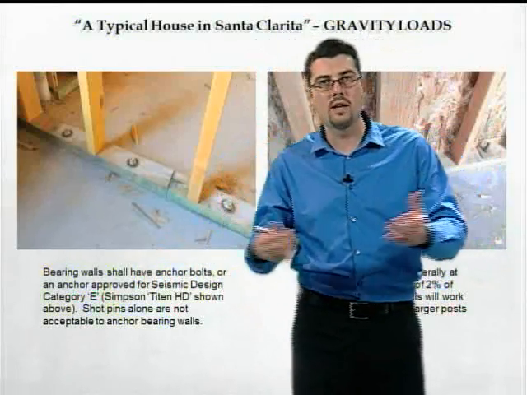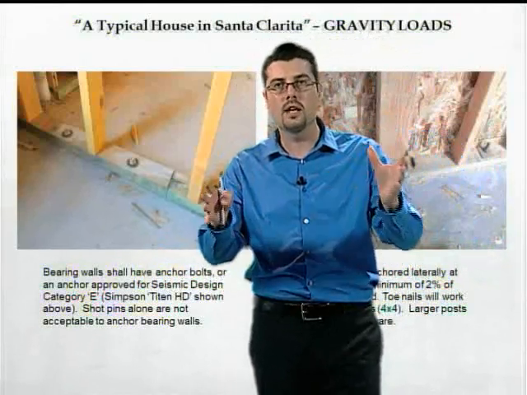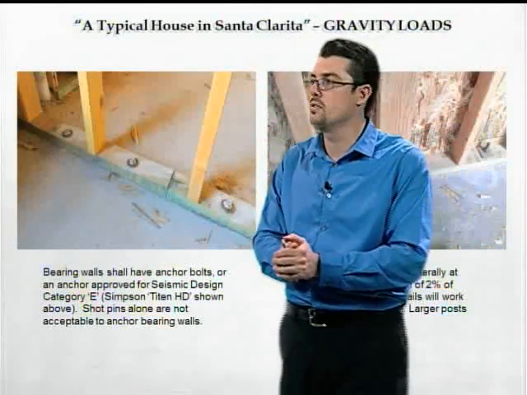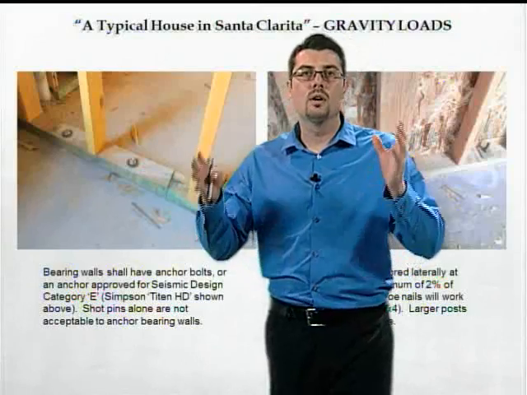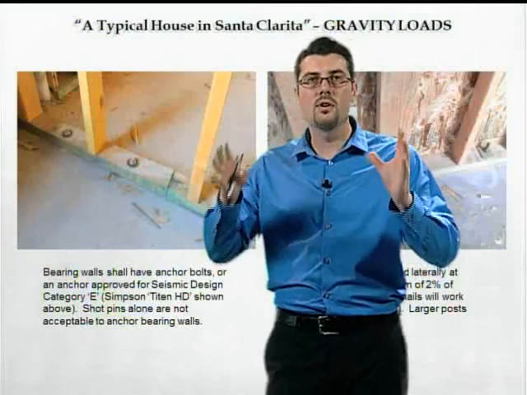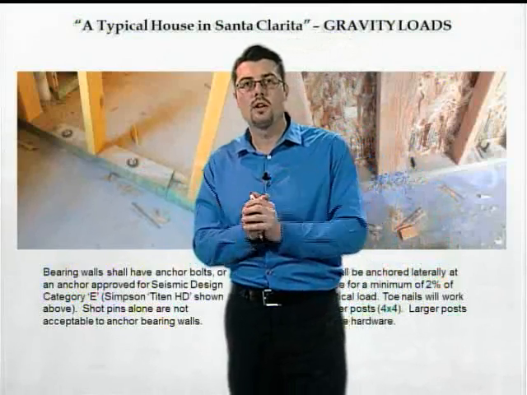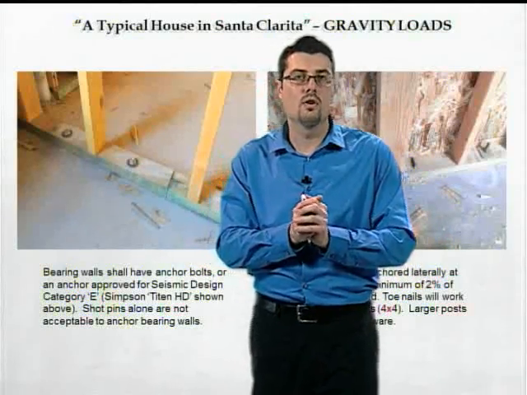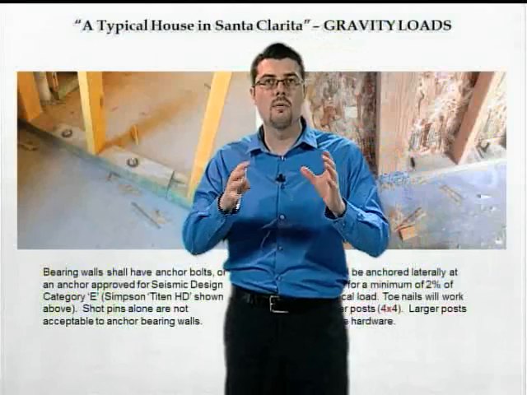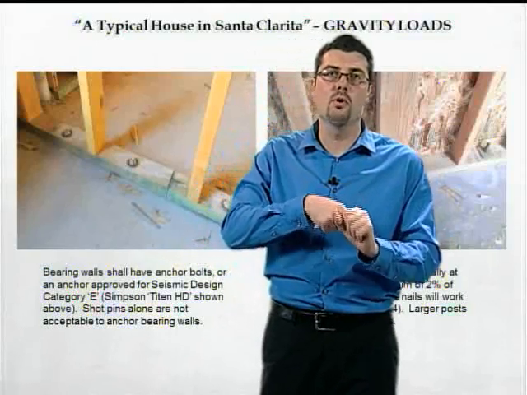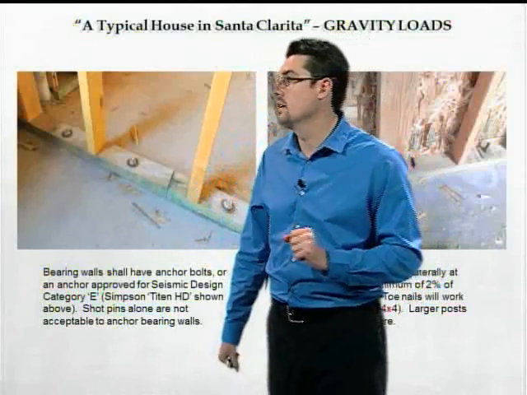That's just one brand of an anchor that you can use. There's plenty of other anchors made by other manufacturers that can do this same job. But worth mentioning, the state building code in the city does not permit bearing walls to be anchored with shot pins. We require some form of a positive anchorage or anchor bolt that can support tension loading.